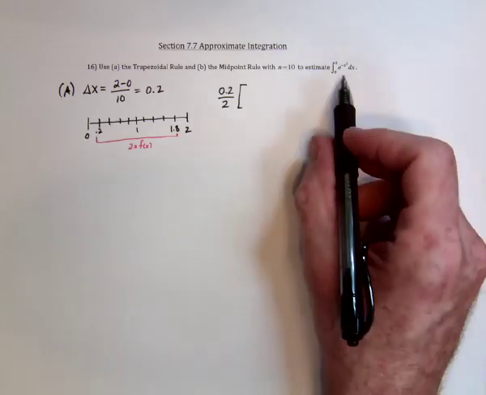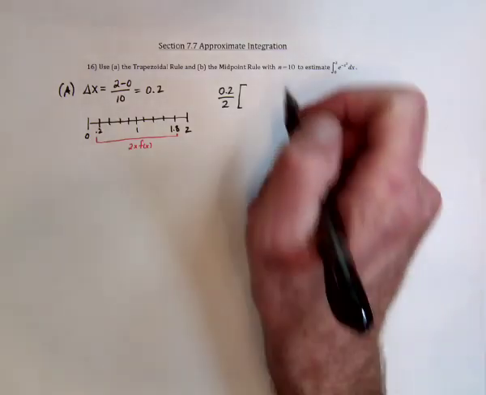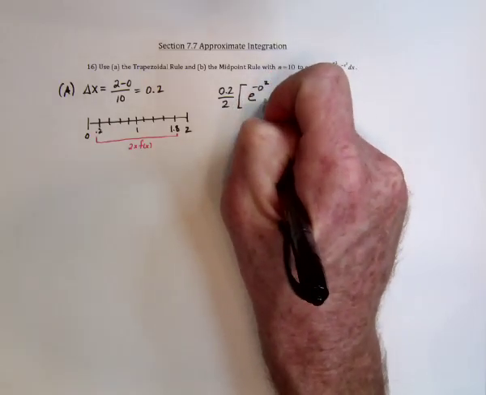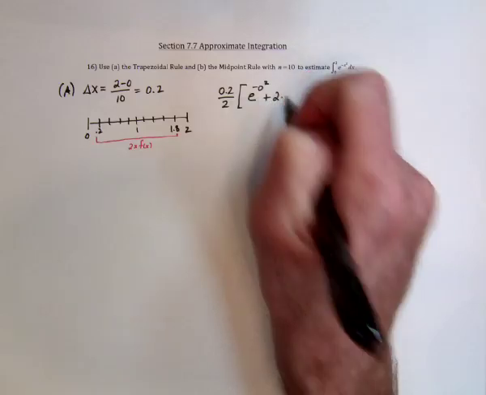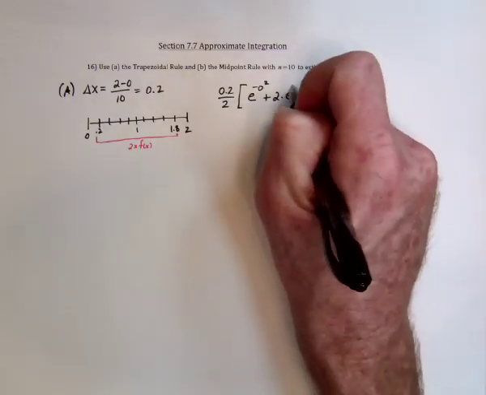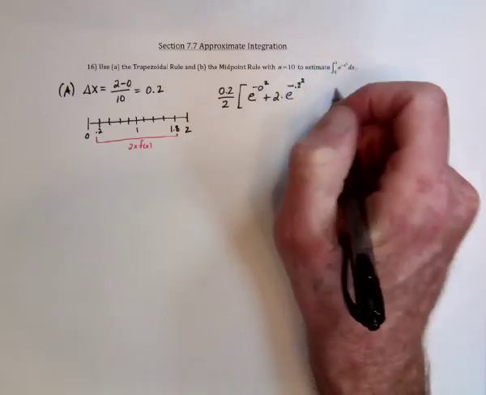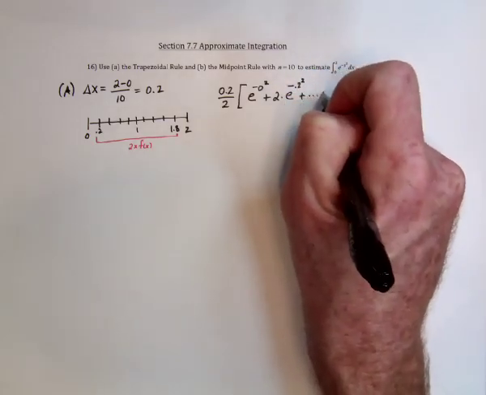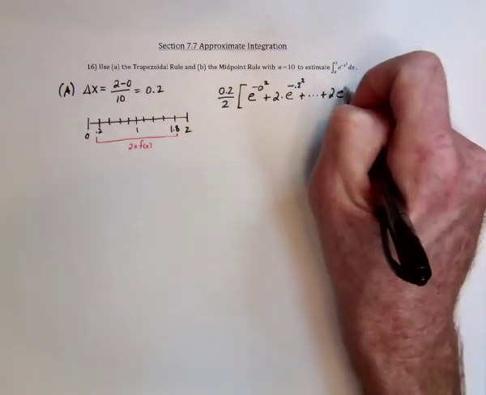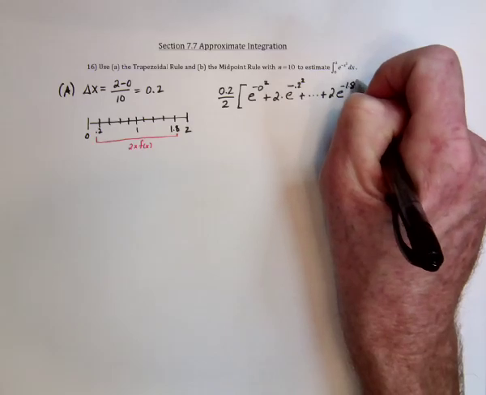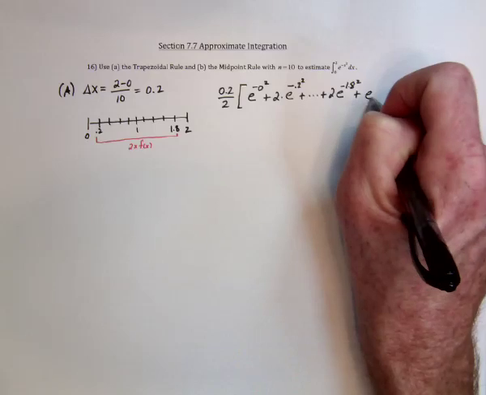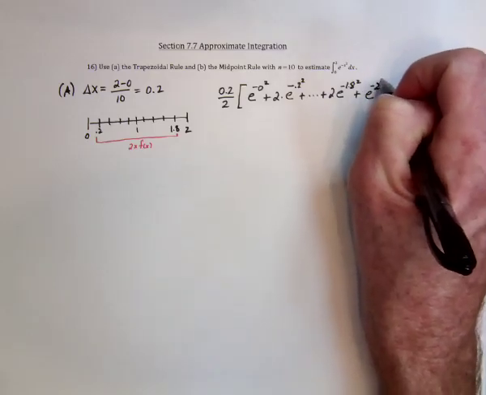So we would have e to the negative 0 squared, and then these middle ones are all going to have a coefficient of 2. So 2 e to the negative 0.2 squared, plus etc., until I get to the 1.8: 2 e to the negative 1.8 squared. And then the last one is just e with a 2 substituted in.